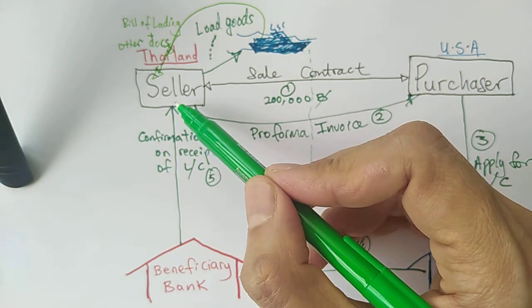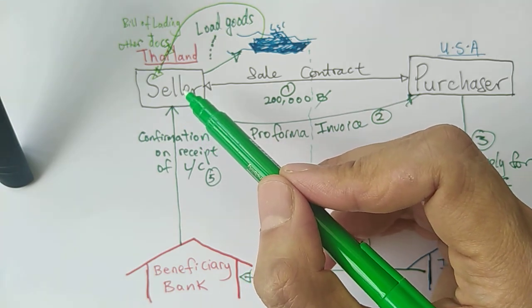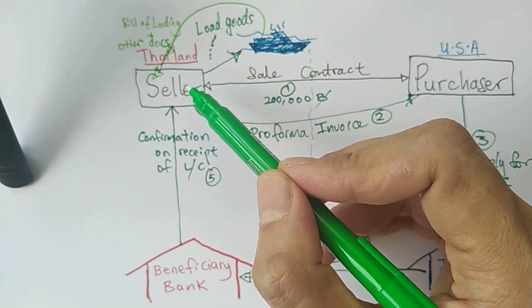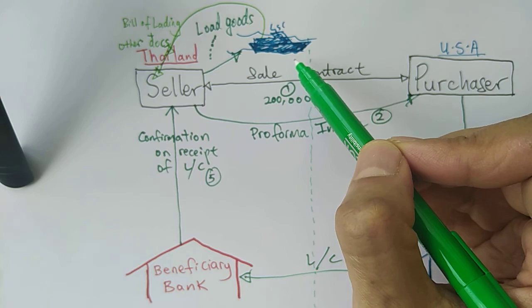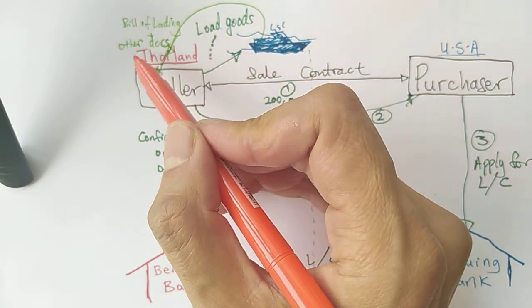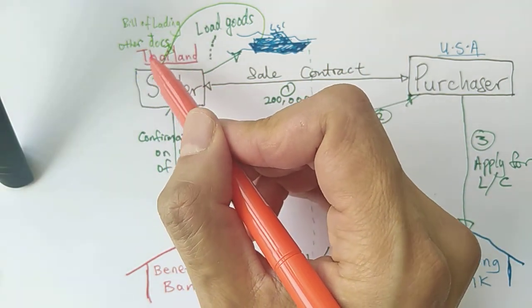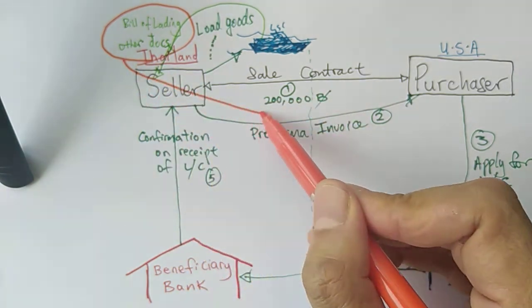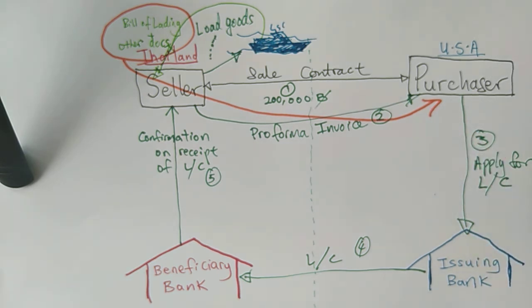Okay, once the seller received the bill of lading and other documents that shows that the things are already on the ship, the seller will give copies of these documents to the purchaser, so that the purchaser knows that the things are on the way.